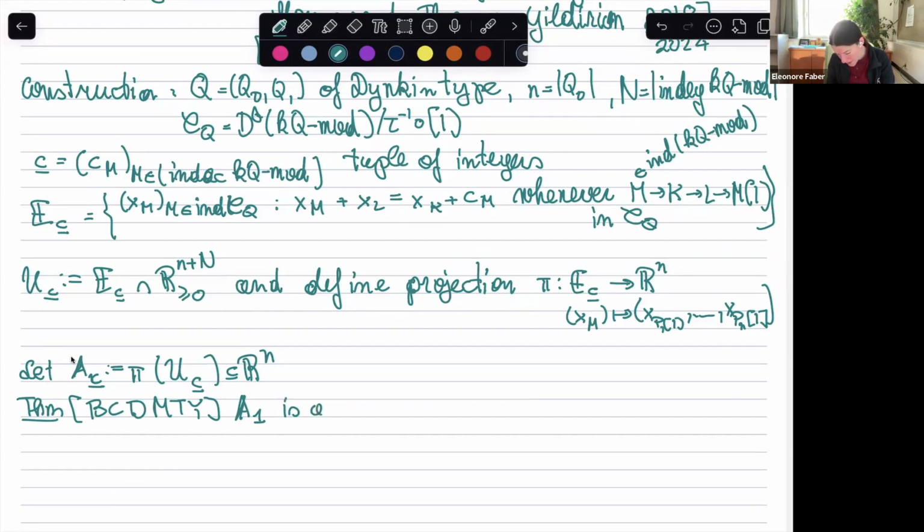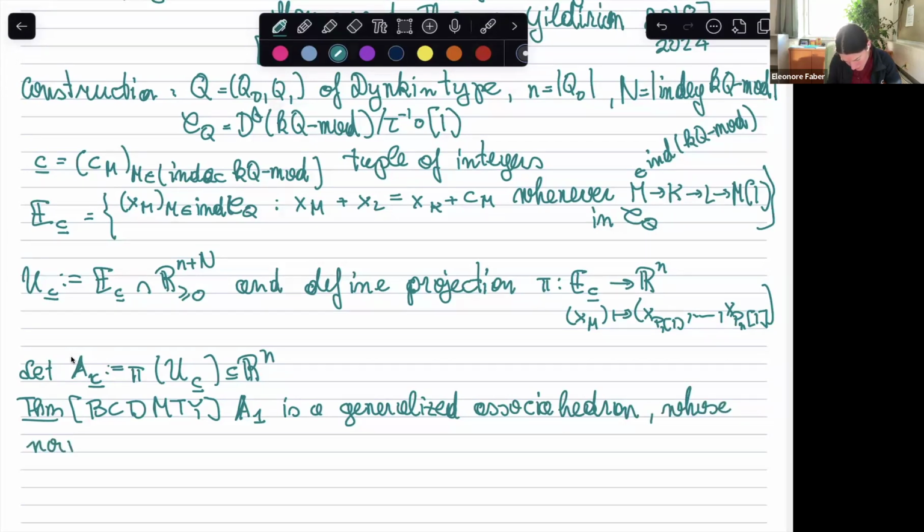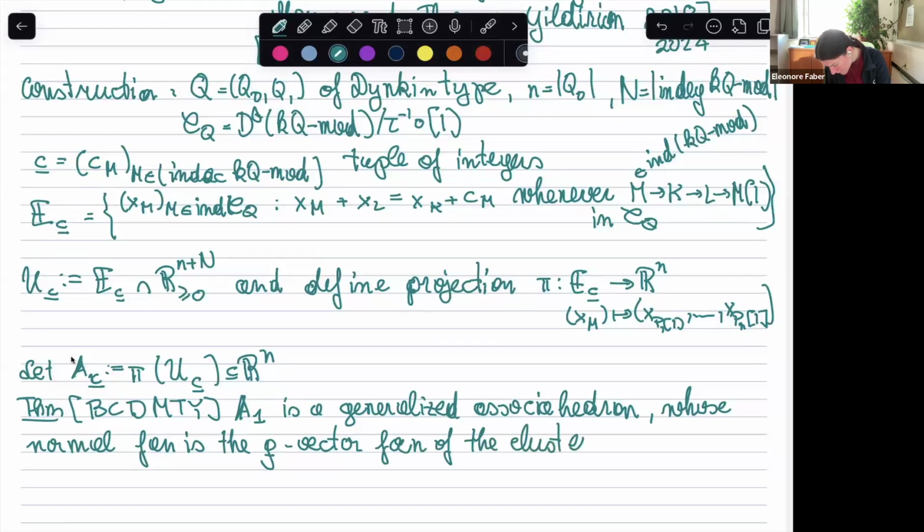This is a generalized associahedron, and whose normal fan is the G-vector fan of the cluster algebra AQ.